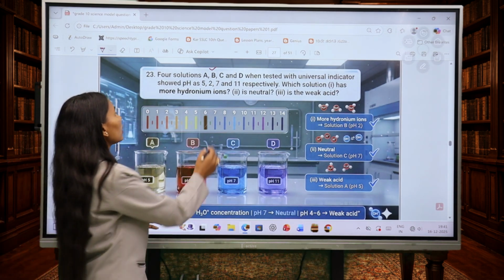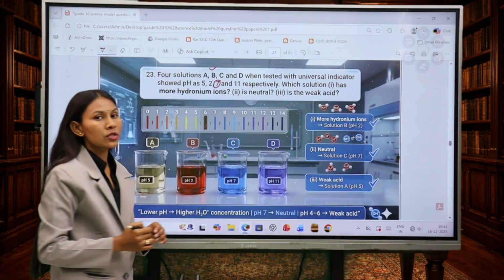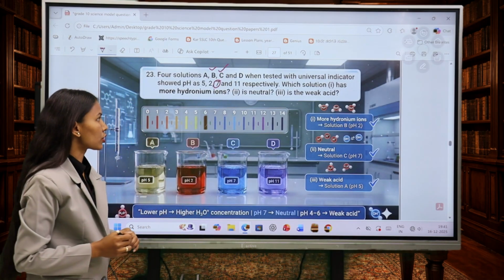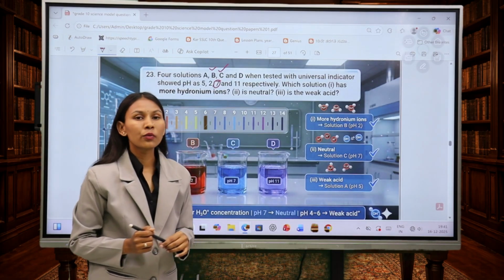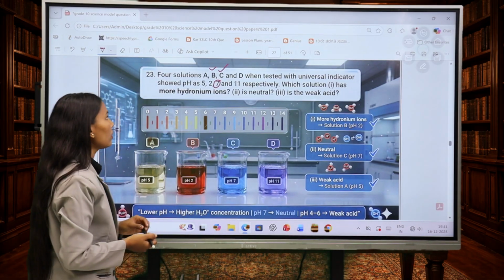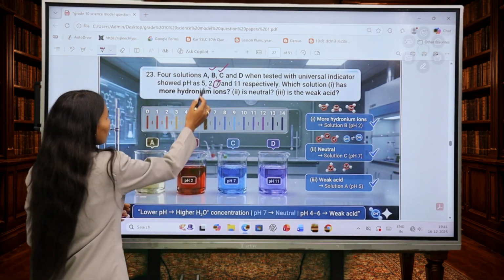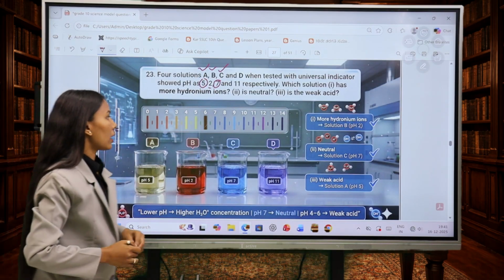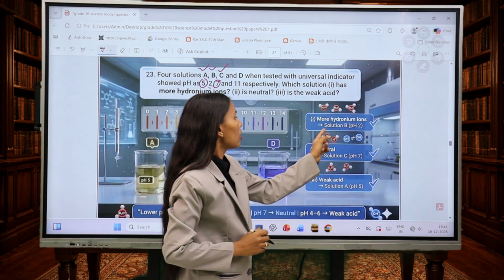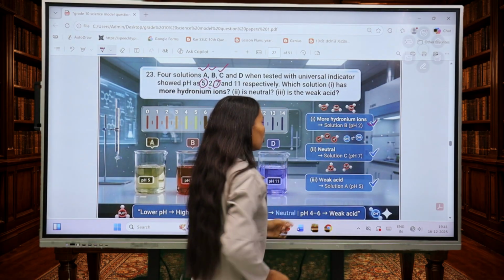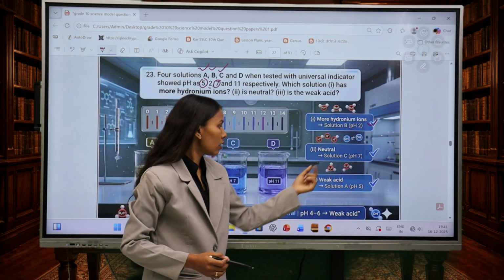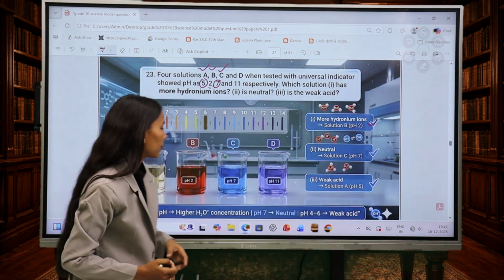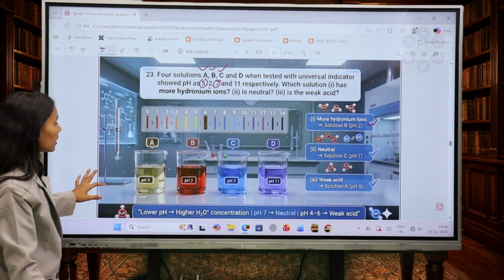The solution having pH 7, that is solution C, is the neutral solution. Which is the weak acid? Here 2 is a strong acid, and 5 is the weak acid. So the answer will be option A. More hydronium ions: solution B, pH 2. Neutral solution: C. Weak acid: solution A, which has the pH value 5. So let's go to the next.